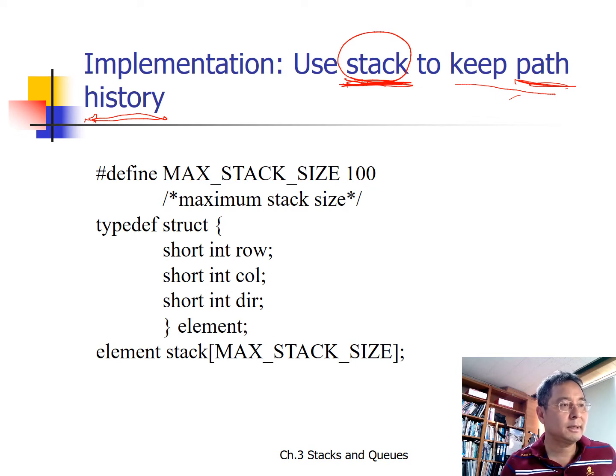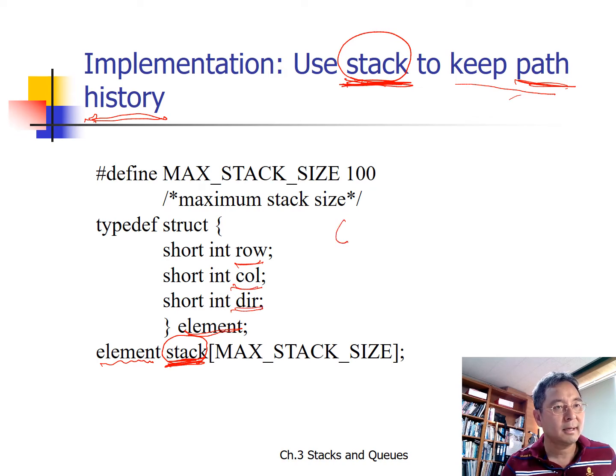Okay, so this path will be stored in the stack array. And also this stack data type is a user-defined structure, which has row, column, direction components. So one element stored in the stack has 3 components: row, column, direction.